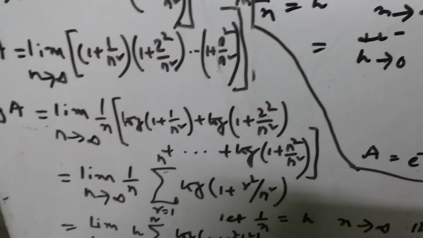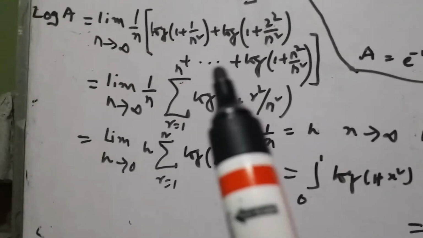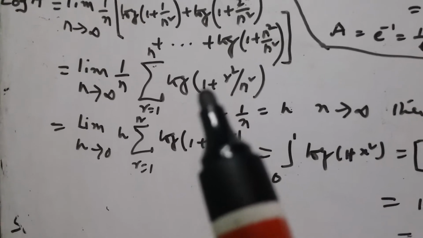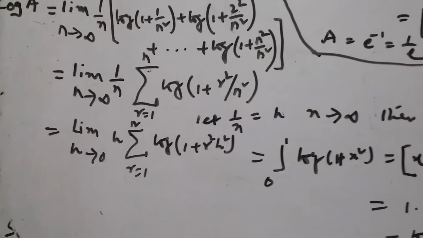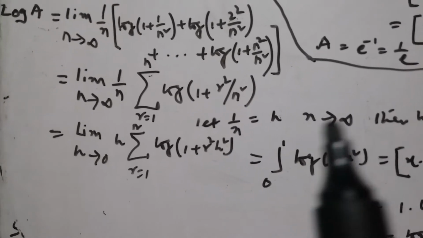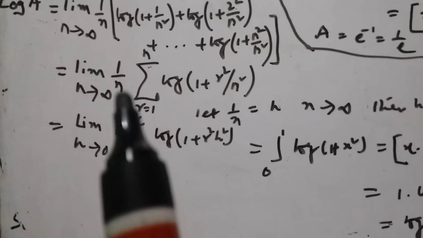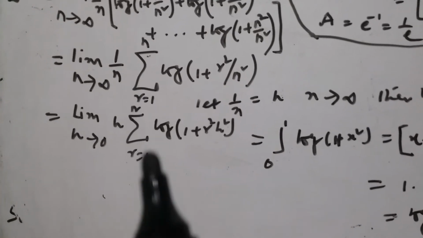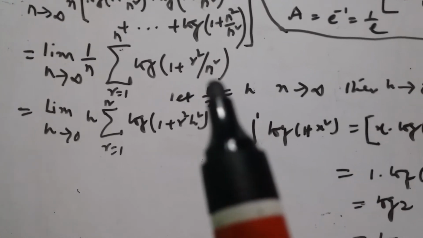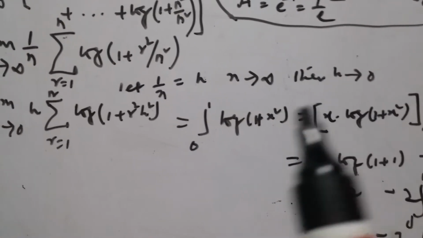So the limit of 1/n summation r equal to 1 to n of log(1 + r^2/n^2). Now putting 1/n equal to h, the sum over r equal to 1 to n of log(1 + r^2h^2), with 1/n equal to h, n tends to infinity, then h tends to 0.